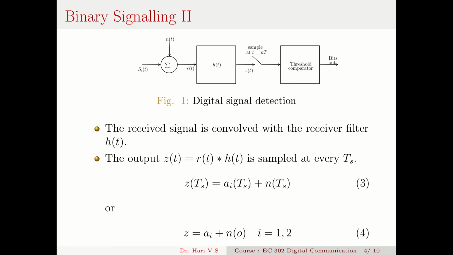This random variable has a mean of ai, because it can be either a1 or a2. This is the mean due to your signal S1(t) or S2(t).